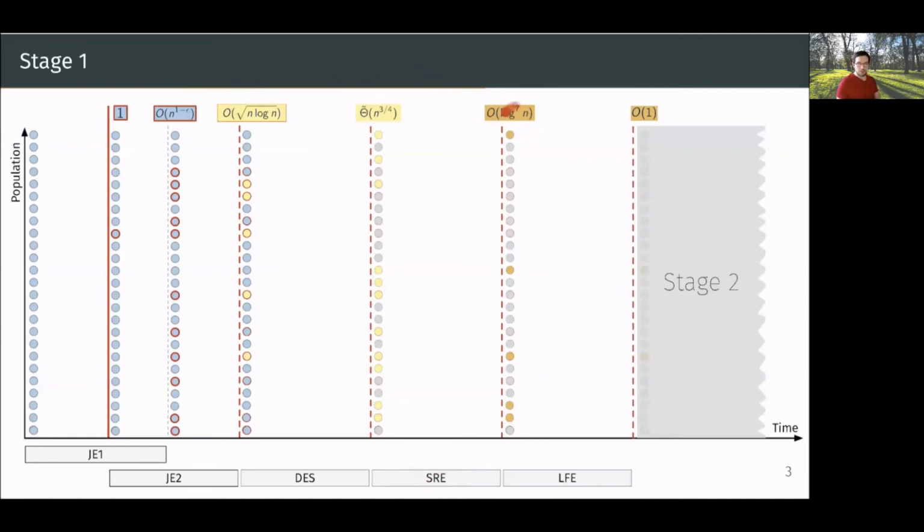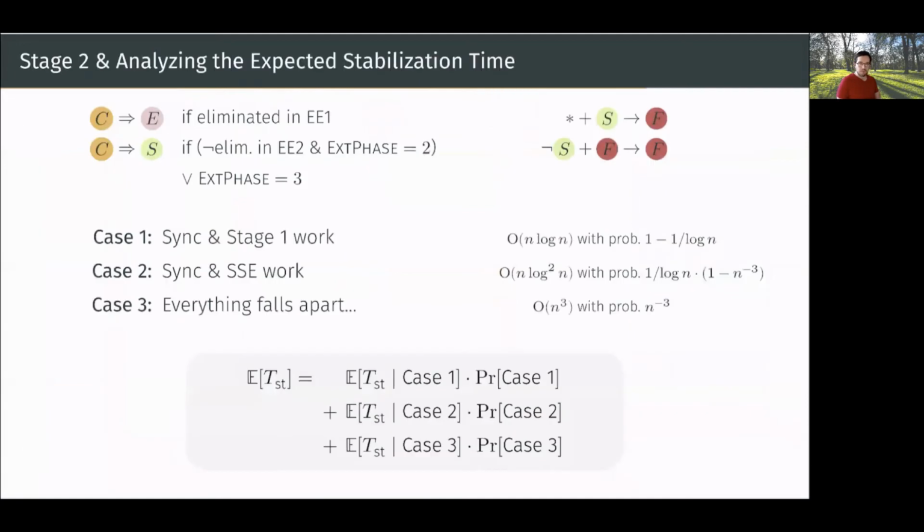Now, once we are at this polylogarithmic many nodes, there is a known set of sub-protocols which you just need to tweak in the right way, which will then allow us to go down to a single leader. For time reasons, I won't go into the details here. Instead, I just want to give you a very brief glimpse of one important protocol in stage 2 and how this is used in the analysis.